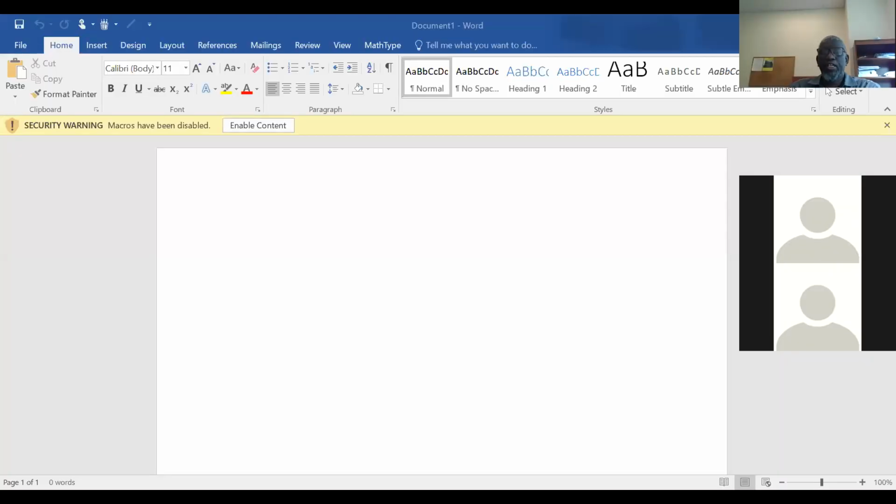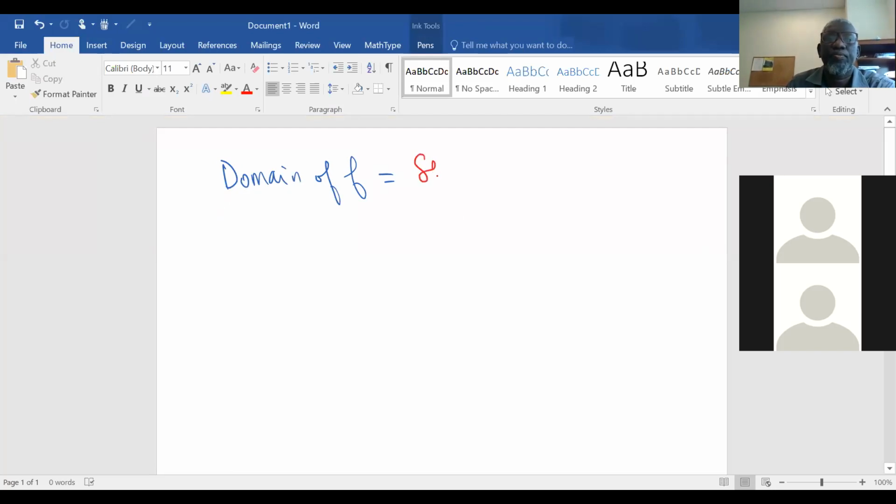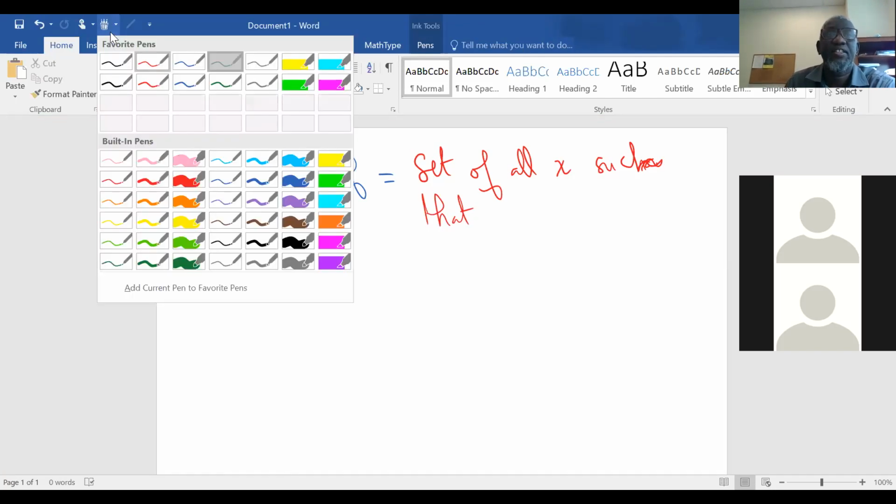Okay, so if you say find the domain, this is the domain of f: the set of all x such that f of x exists, you see?